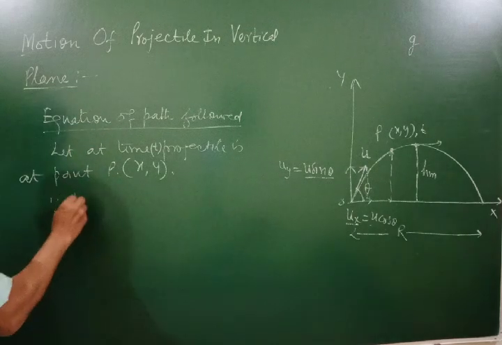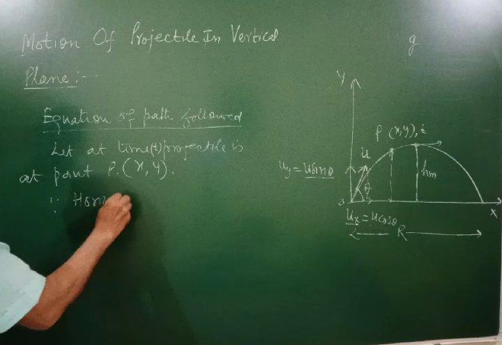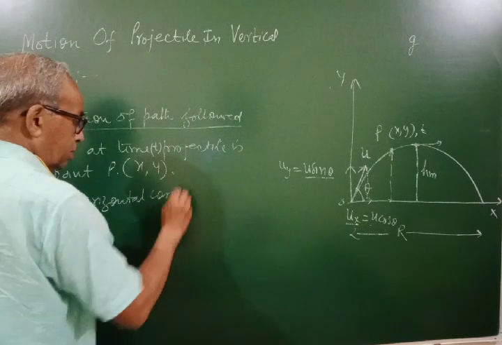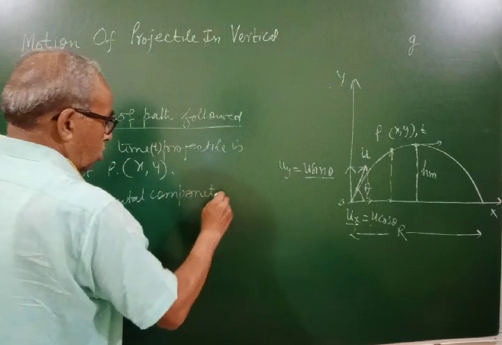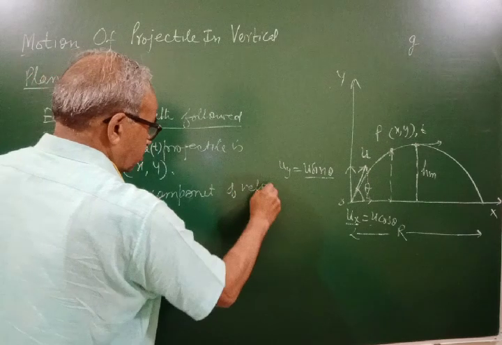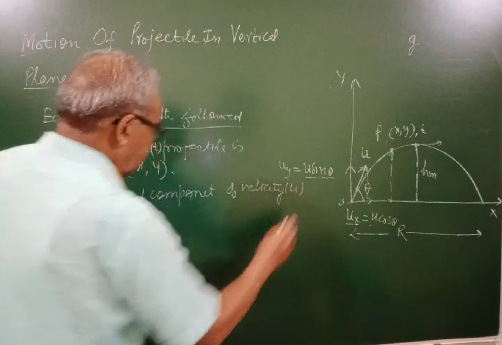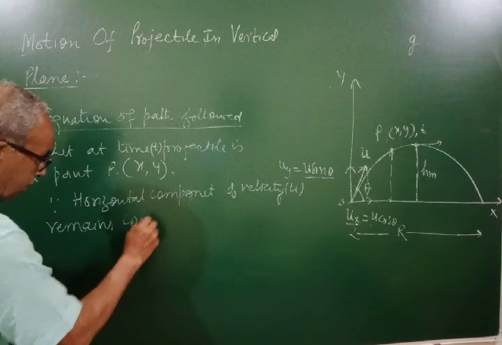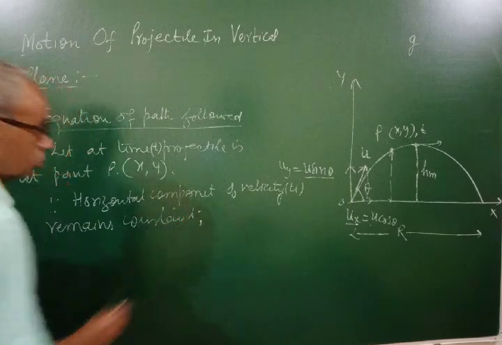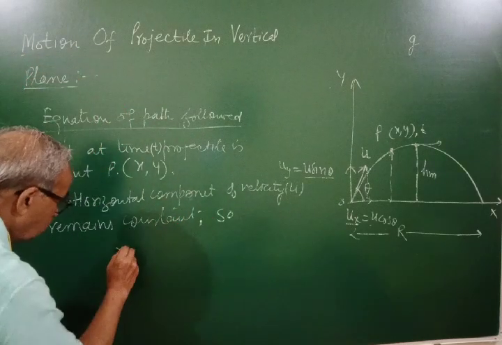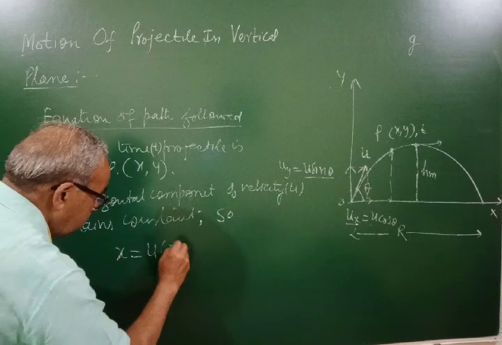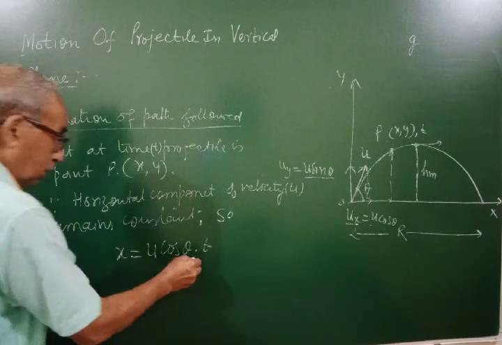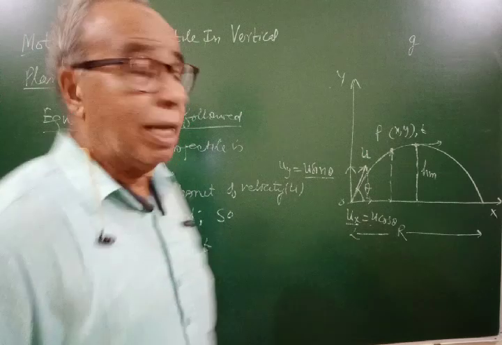Since the horizontal component of velocity u remains constant, x is equal to u cos theta into t. Simple: distance traveled equals speed and time. When speed is constant, distance traveled equals speed times time.